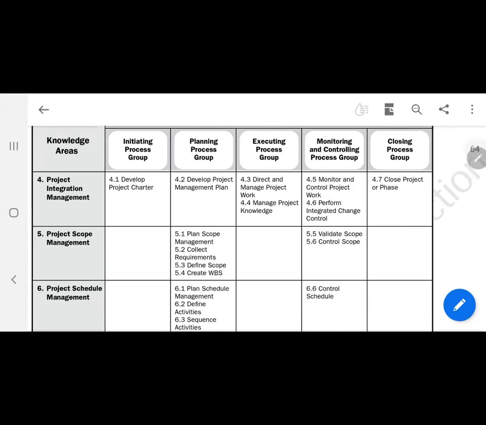Yes, change requests, and work performance data that goes in as input now goes out as work performance information. And then the input to perform integrated change control. Input there is what? Change request.